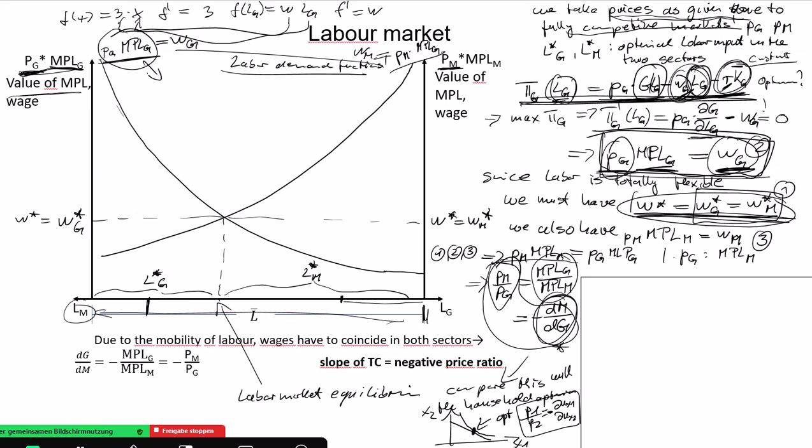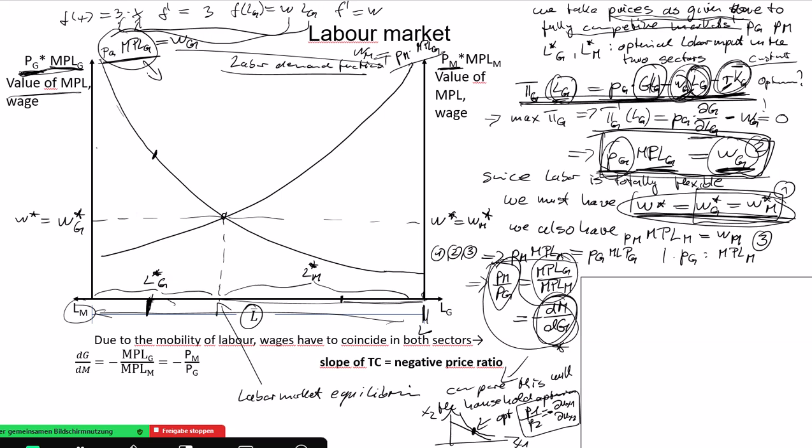So then if I maybe go at this point, this would be my wage coinciding with this labor demand in the agricultural sector. And this means from here to the total labor amount, L bar, everybody is working in the industrial sector. So I just take the labor demand function then from the right downward to the left in the industrial sector.